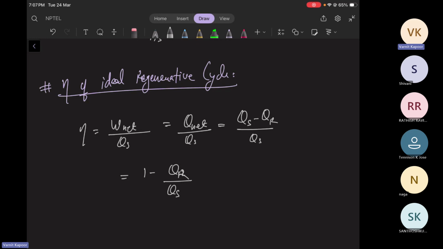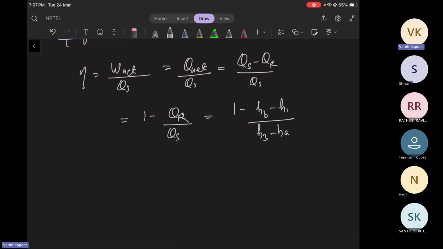In terms of enthalpy, it can be written as 1 minus heat rejected, which is HB minus H1, and heat supplied is H3 minus HA. And in terms of temperature, if Cp is the same, because we are saying ideal scenario, it will be TB minus T1 to that of T3 minus TA.